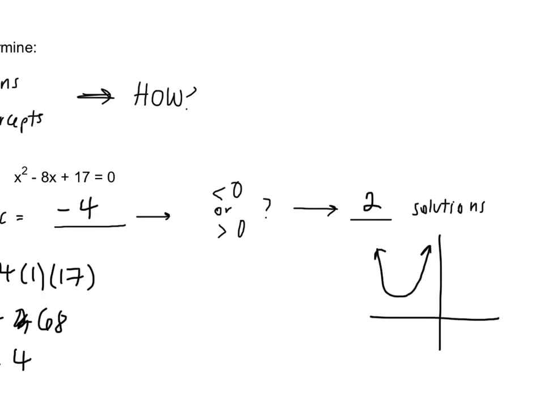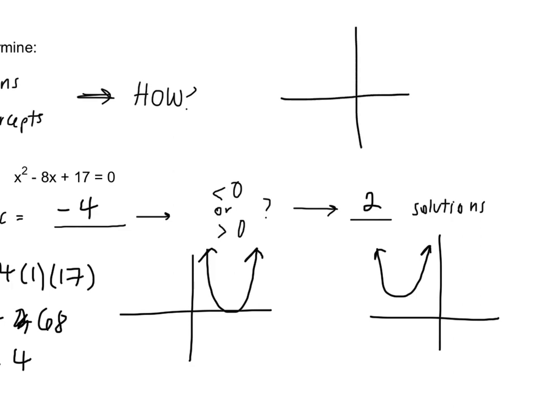Now if we have 0 as our discriminant, we're going to have a solution that is like this. And if we have a number greater than 0 as our discriminant, we're going to have two solutions. So it could be something like this. So one solution, two solutions, and none.